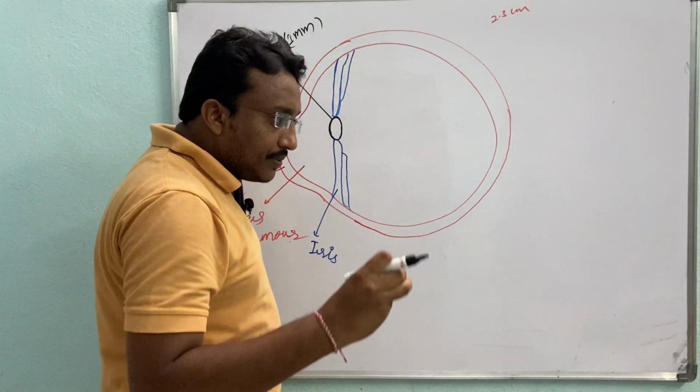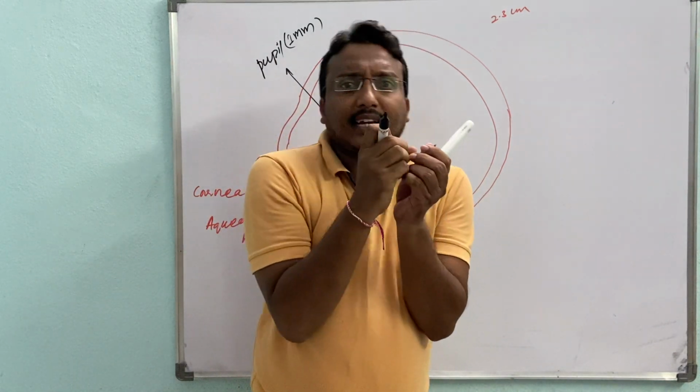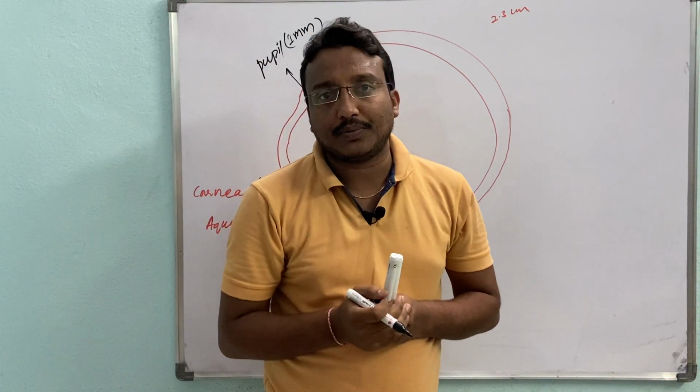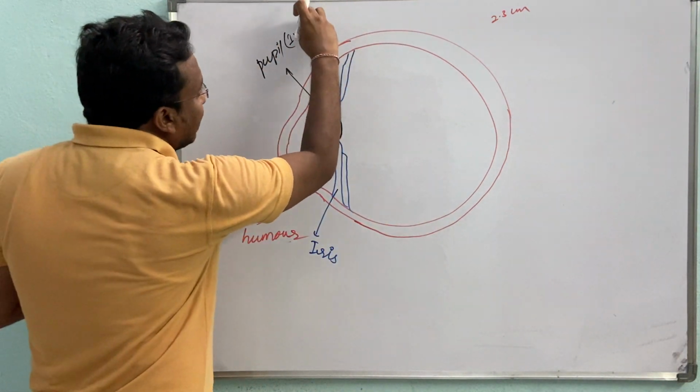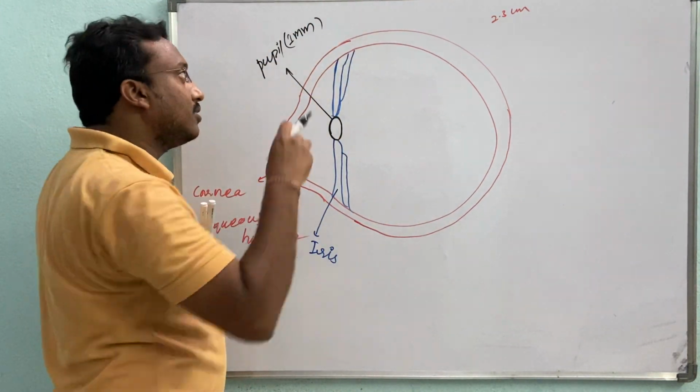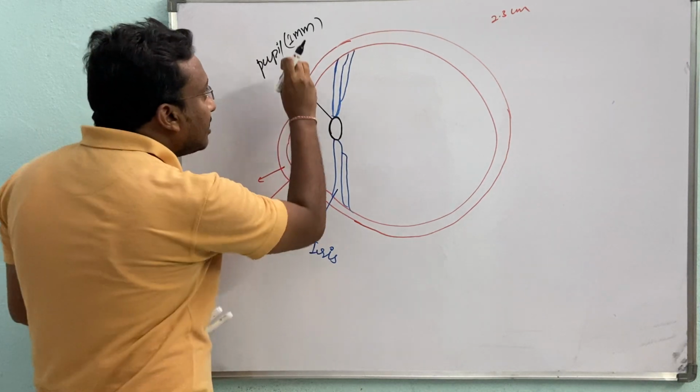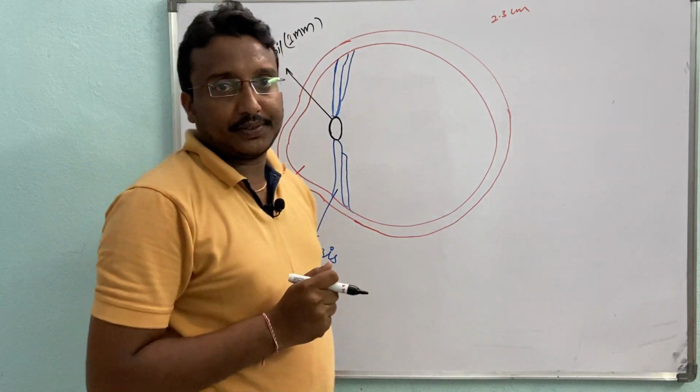The pupil can contract and expand. Its diameter sometimes decreases to less than 1 millimeter and sometimes increases to more than 1 millimeter.